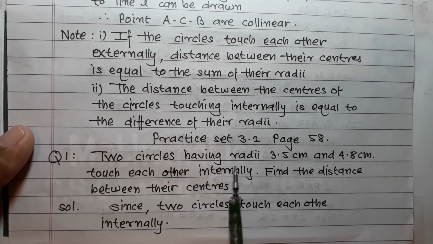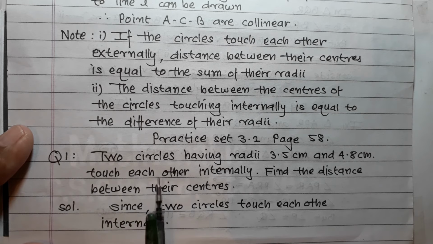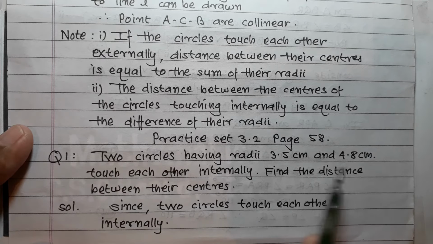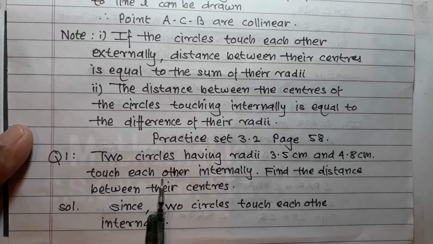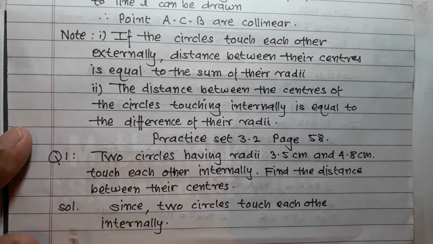If two circles having radii 3.5 cm and 4.8 cm touch each other internally, find the distance between their centers. Here you concentrate. Two circles are given, touching each other internally. Internally means the difference between their radii is equal to the distance between the centers.